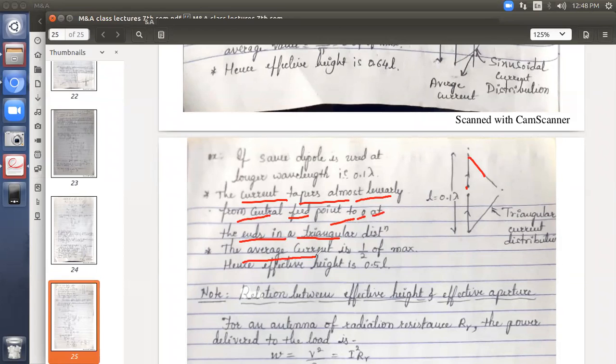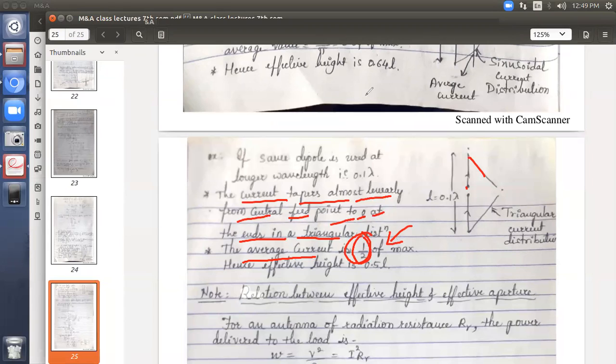Now the average value for triangular distribution is half of the maximum. You just verify for a triangular wave what is the average value of the voltage or current. Please google it and check it, for sinusoidal and for triangular, for both you can verify. It appears to be half of the maximum.